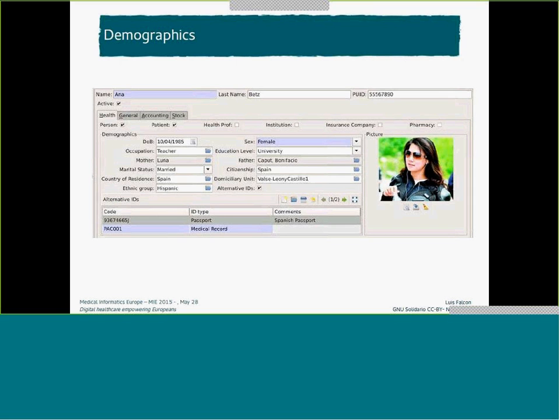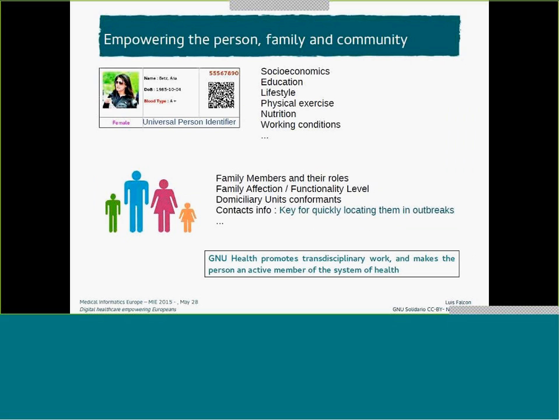You may see on the right-hand side, close to country of residence, you have domiciliary unit. So the moment that you put it there, this will show you the living coming from this demographical information.